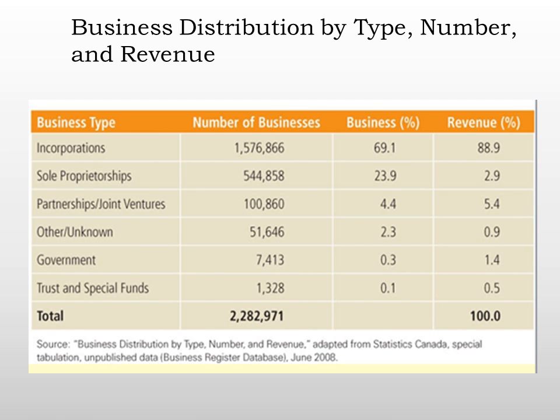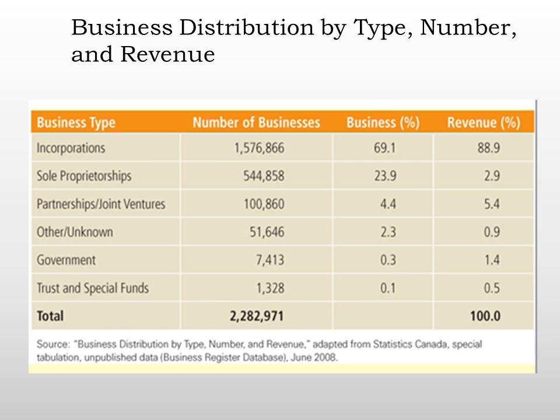If we take a look at some of the Statistics Canada data, we can see that by far there's a greater number of corporations in Canada. In fact, in 2008, corporations in Canada accounted for about 69% of the number of businesses and generated about 89% of the total revenues of businesses in Canada.